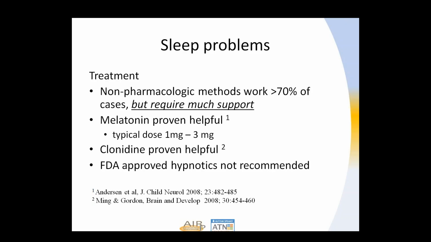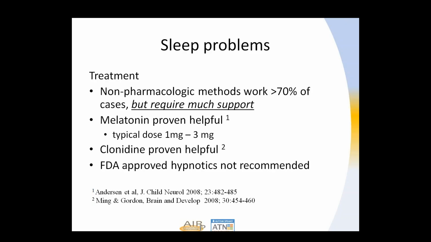Those methods work in people with autism also, but part of the difference is that the families seem to be very worn out at the end of the day because their child has had a lot more behavioral issues during the day than other typically developing kids who may have just a sleep problem. So we have found that the families require a lot of support, but if we're able to give them that support, give them that education about what they should be doing, we have been successful over 70% of the time.